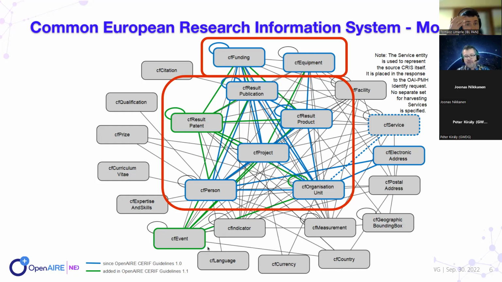It's more for further work, to handle conferences, events like this. But the Common European Research Information Model is more than this. You see also different other parts here that I'm not showing in detail anymore.